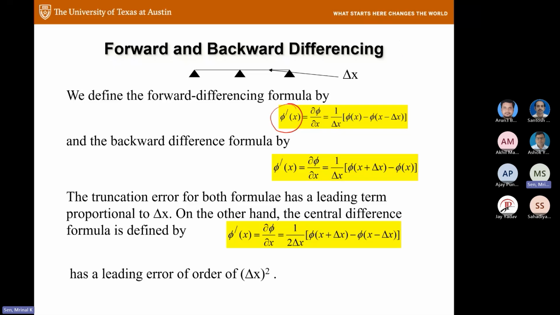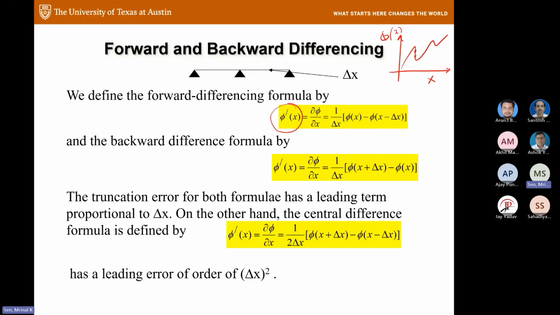The reason I'm saying this is that let's say that I have a function that looks like this. Okay, so this could be my x and this could be my phi of x. And at any point I want to compute the derivative, right? So let's say that I want to compute the derivative at this point.